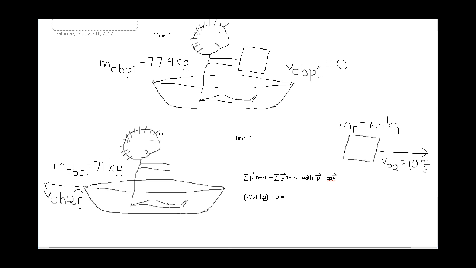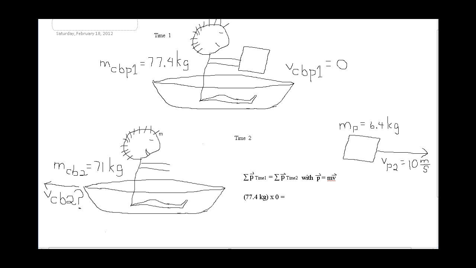Now for the right-hand side of the equation, at time 2, we'll have two separate terms. We can combine objects in a single term if they're sharing the same motion. So we'll be able to do the child and the boat together for time 2. But the package has to be handled separately.